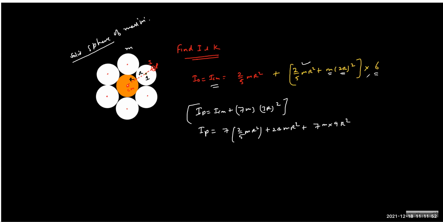So we can apply the parallel axis theorem for the system. Normally we apply it for only one object. But the parallel axis theorem we can apply for any system of mass if you know the center of mass. So you have to also learn this concept that ICM is not only about one particle, it is about a system also. And once you know the center of mass of the system, you can apply it and get the answer.